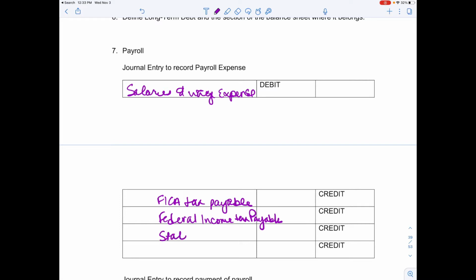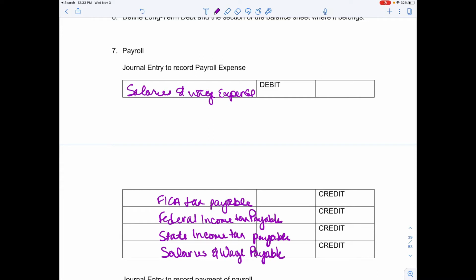We have our state income tax. And finally, the rest of it is going to our salaries and wages payable.